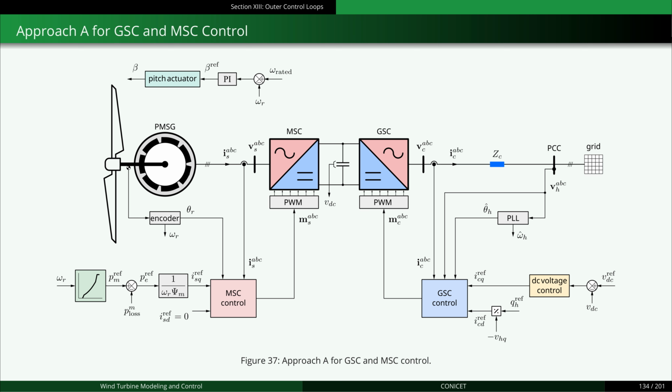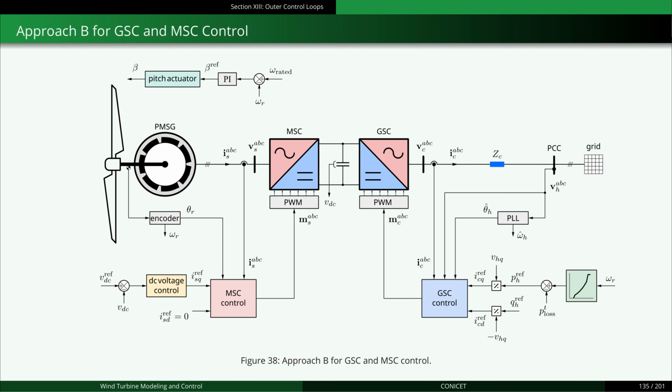Figure 37 shows a schematic of a wind turbine using approach A. In this approach, the grid-side converter controls the DC bus voltage, and the machine-side converter controls the power extracted from the wind. Figure 38 shows a schematic of a wind turbine using approach B. In this approach, the grid-side converter controls the power extracted from the wind, and the machine-side converter controls the DC bus voltage.